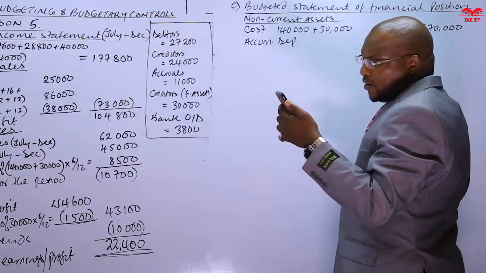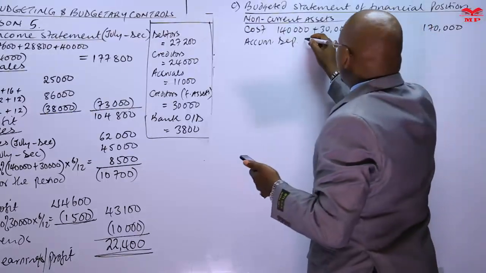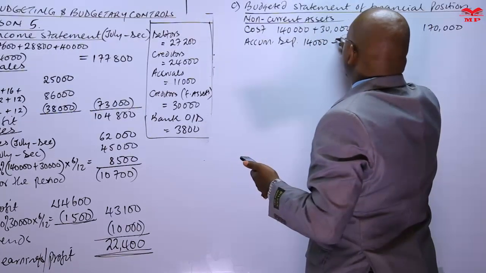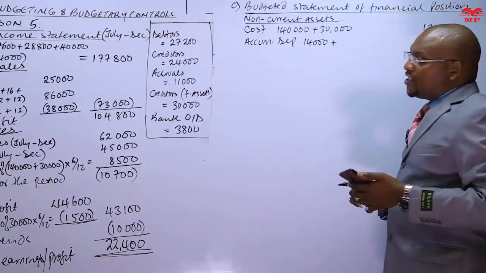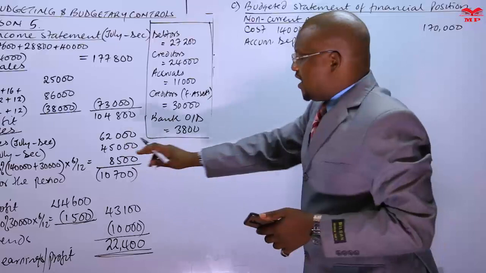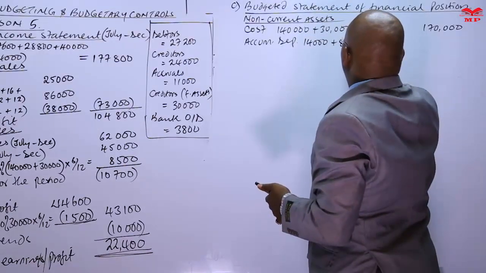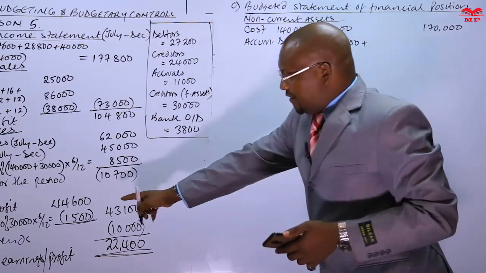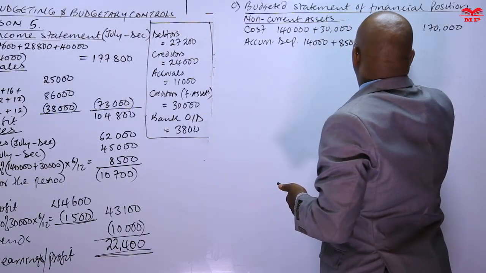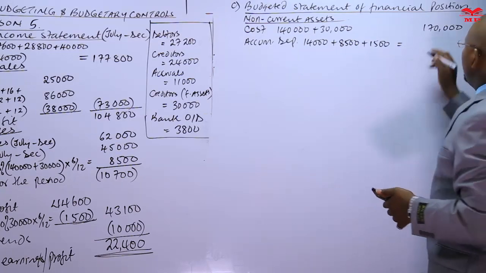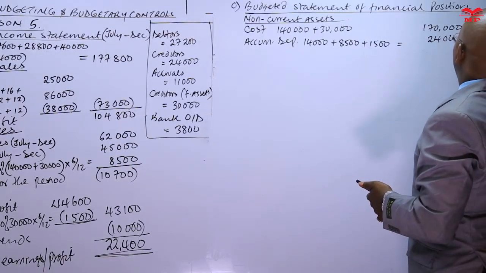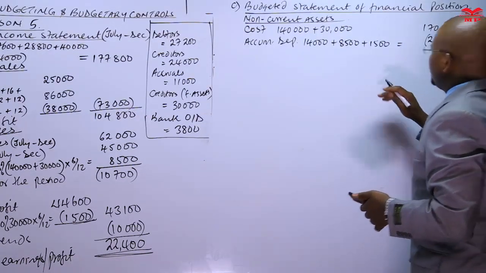What we have up there is 14,000 in the balance sheet. This is the previous depreciation of the other periods. But this year, we have charged depreciation. We have charged this 8,500 and even this 1,500 that we have adjusted in our profit. So you have charged actually 10,000. So this means we are charging 24,000 as the depreciation.